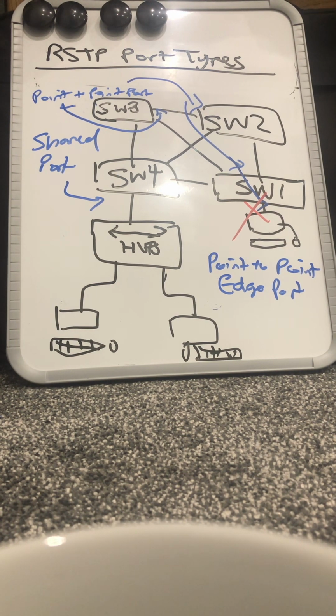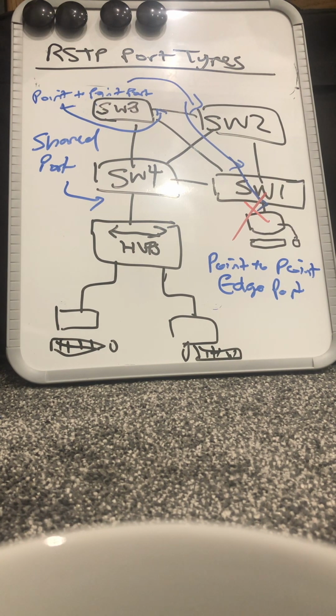Hubs force the attached switch port to use half duplex logic. So if you look at the connection between switch 4 and the hub, that's going to use half duplex logic, meaning one way, meaning traffic is only flowing in one direction at a time. If it was full duplex, then you'd have bidirectional traffic flow.